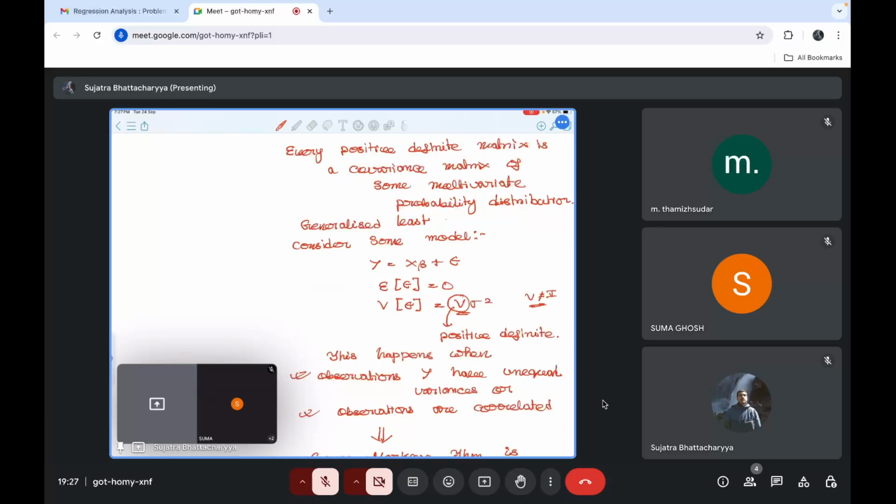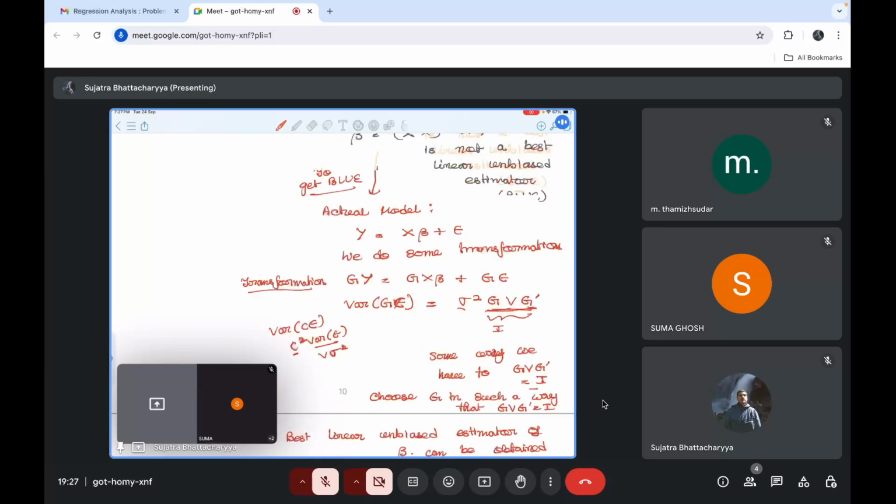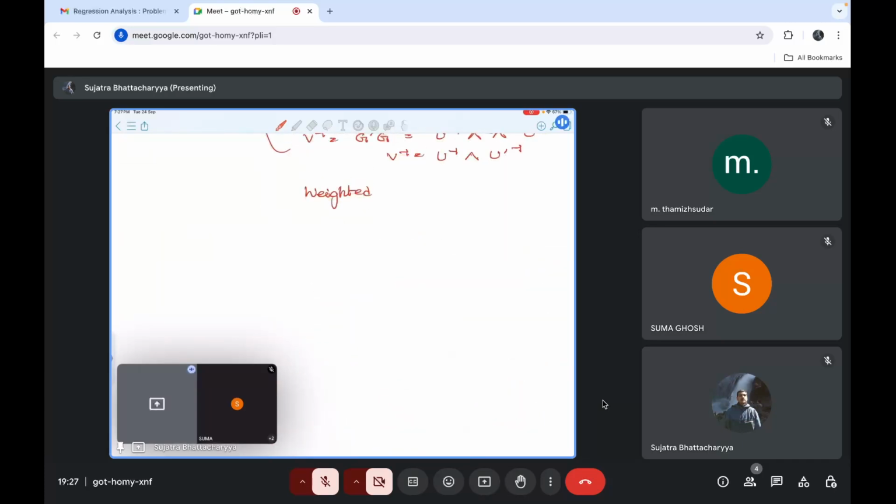Okay, generalized least square. But weighted least square is a particular case, a case of generalized least square.